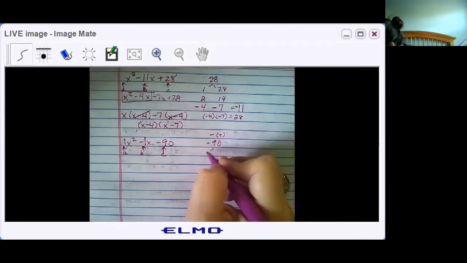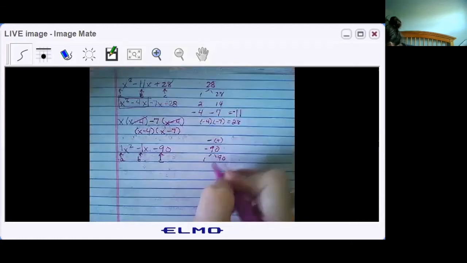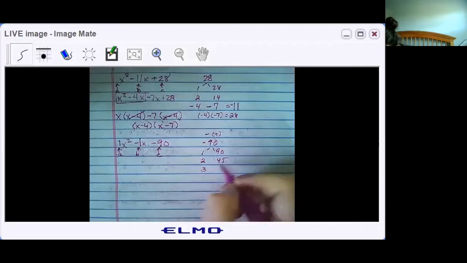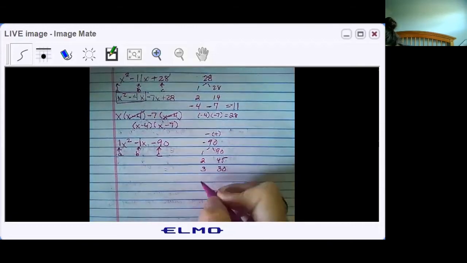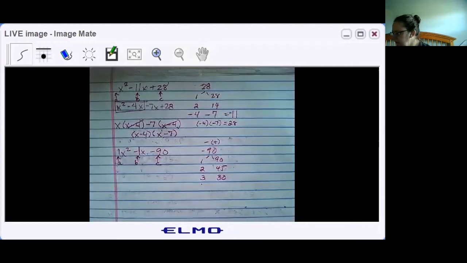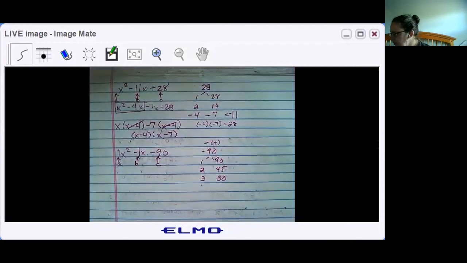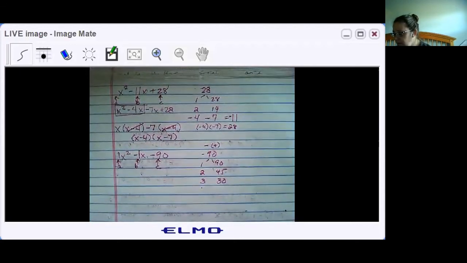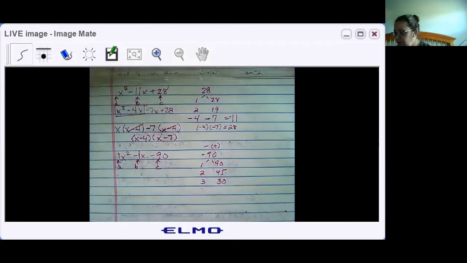Well, 90 could be 1 times 90, or 2 times 45, or 3 times 30. Will 4 go into 90? Let me see. 4 goes into 9 twice, with 1 left over. But 4 doesn't go into 10, so I can't use that.